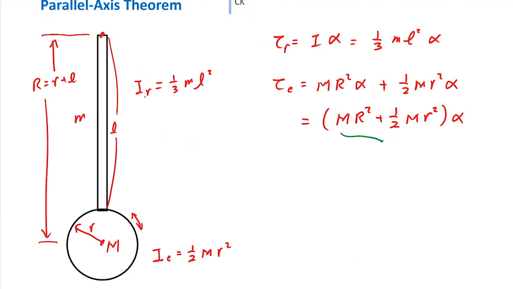And then this happens to be the moment of inertia, which is away, not from its center of mass, but a distance r away from it. You know what I'm saying? So this is the moment of inertia of that thingy.